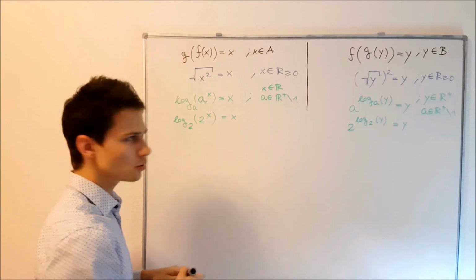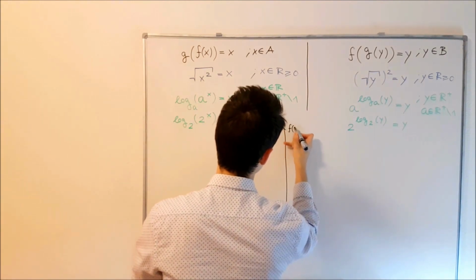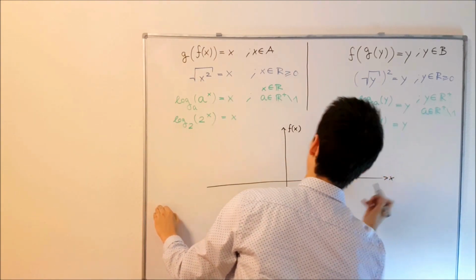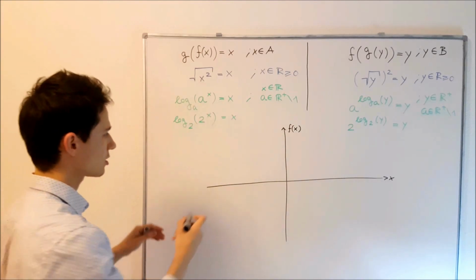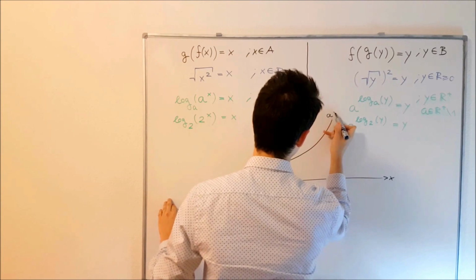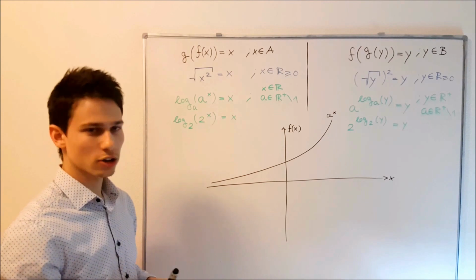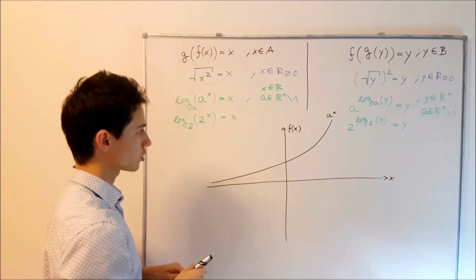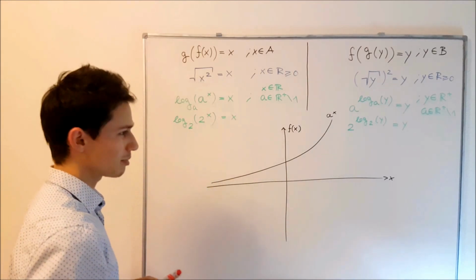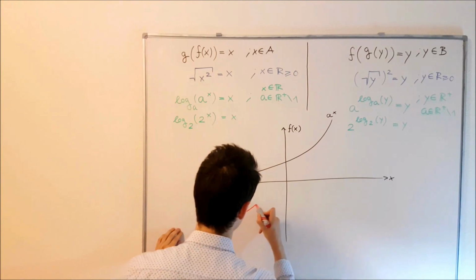Now the next step I would like to take is to graph the logarithm to any base a. And to do that we need a coordinate system, so let this be f of x, then this would have to be the x-axis. And the function a to the power x would look approximately like this. Now there is a simple trick to get the graph of the inverse function, which is to draw the identity map in red. No, it doesn't have to be in red, but I do it in red.